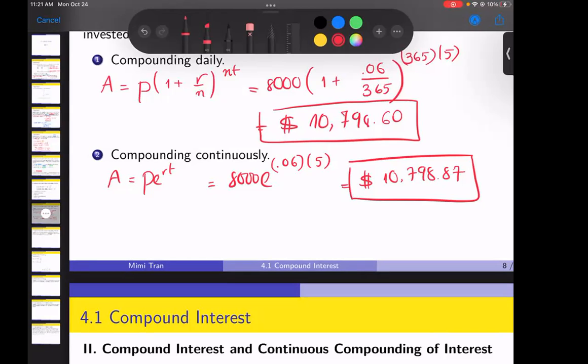The bank always wins. Even if you do badly, the government will bail them out, right? Does anyone here go for finance? Finance? Anybody else? Like accounting, finance, something like that? Accounting? Very good.